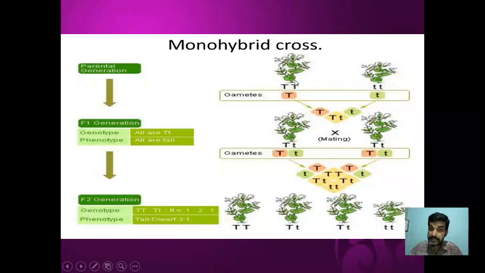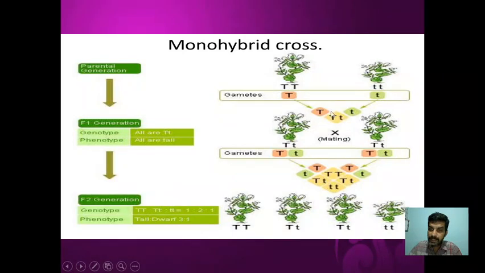When gametogenesis takes place, when gametes form, there is meiosis. Meiosis will reduce the chromosome number to half. That means the alleles are also reduced to half. Out of this pair, only one allele will be transferred to the pollen grain. Say if this is a male plant, only one T is received by the gamete. Here one small t is received.